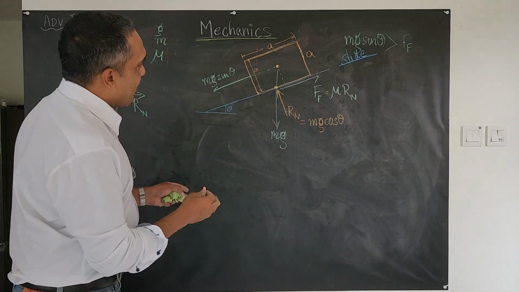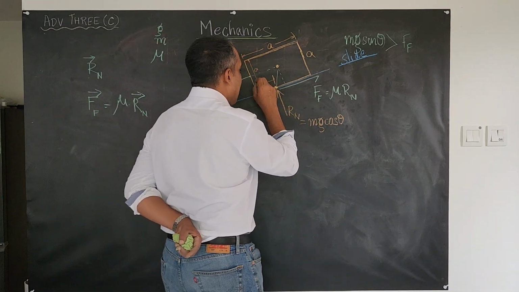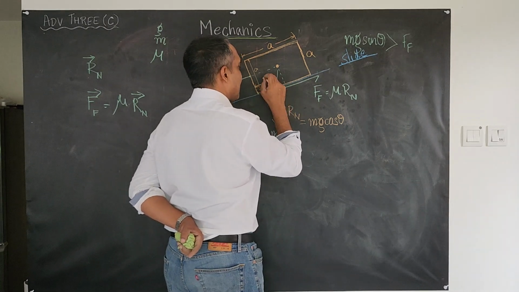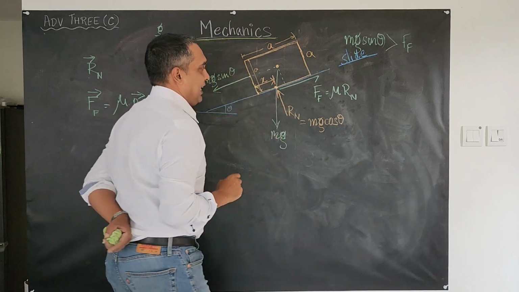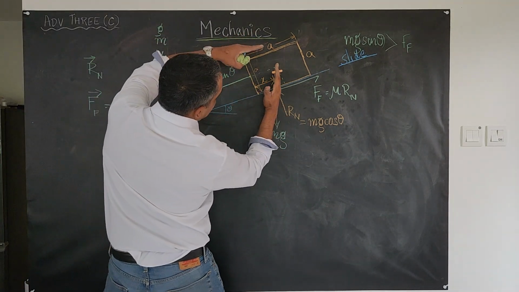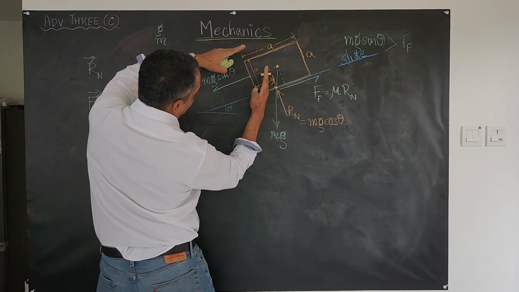But something is changing, and what is changing is this. As theta increases, this segment here, x, is changing. As I increase theta, mg is moving this way.